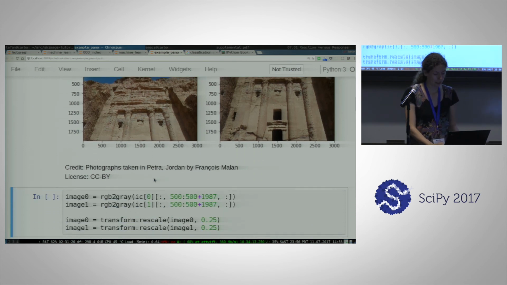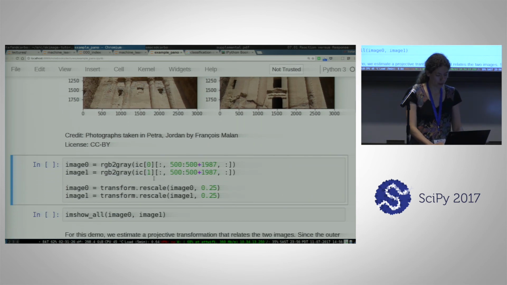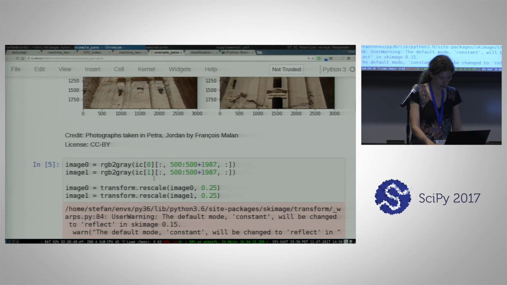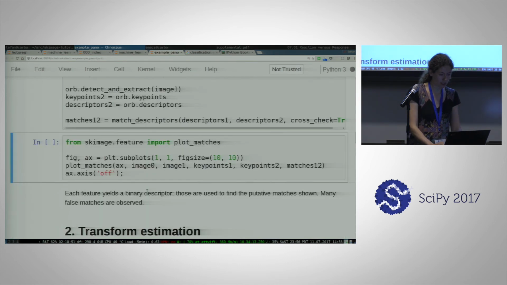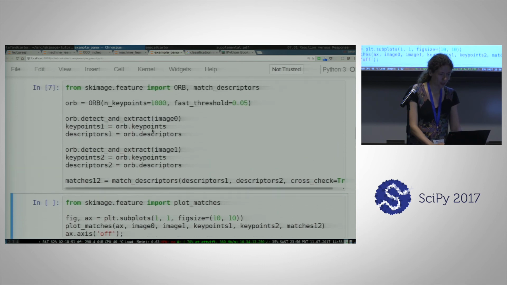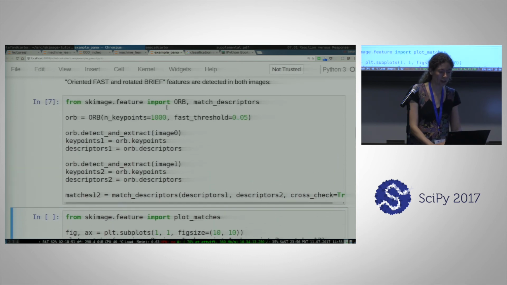So in order to detect these points of interest, we use here what's called the ORB descriptor, so ORB for oriented FAST and rotated BRIEF.